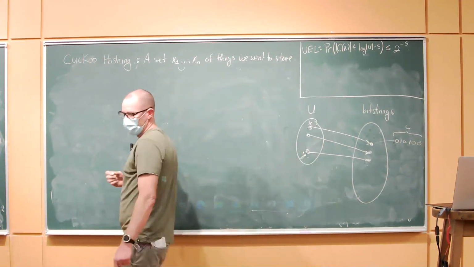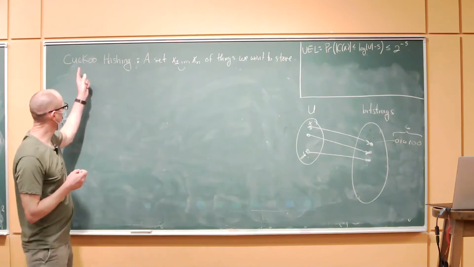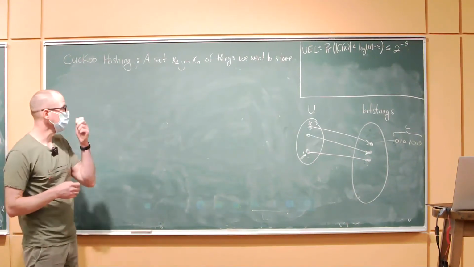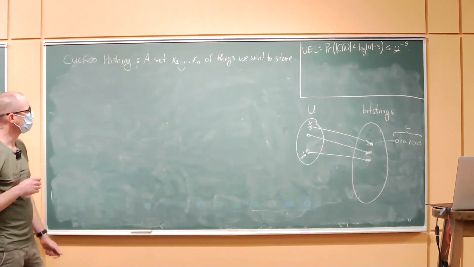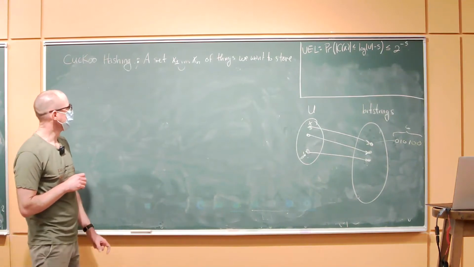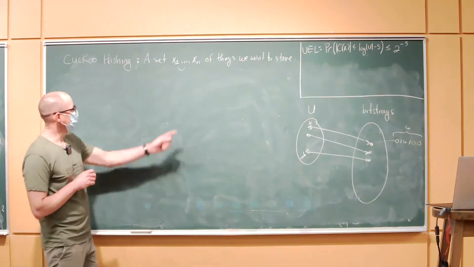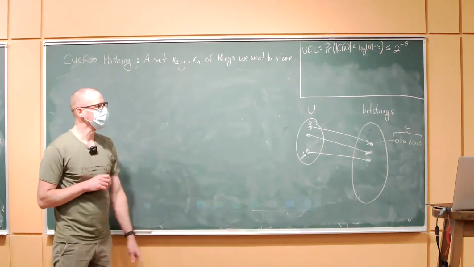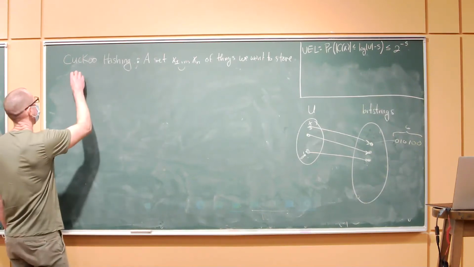I won't be too much more specific than that because we're actually going to use cuckoo hashing to do 2 different kinds of things, both of which are storing sets or dictionaries, but they use slightly different aspects of this thing. So for now, let's just fix the set of things we want to store. It's n elements.